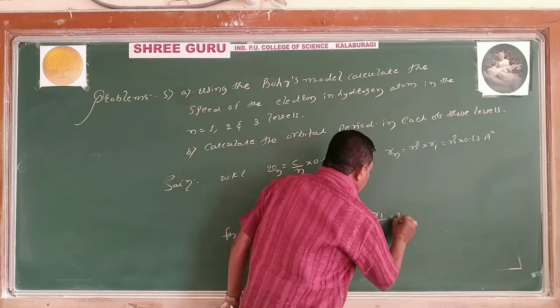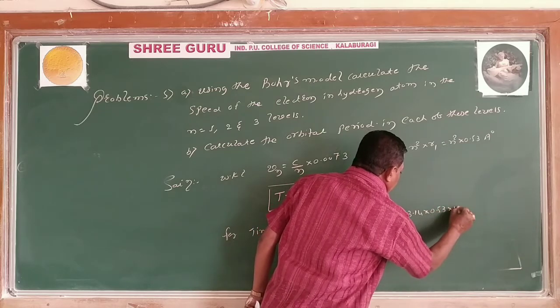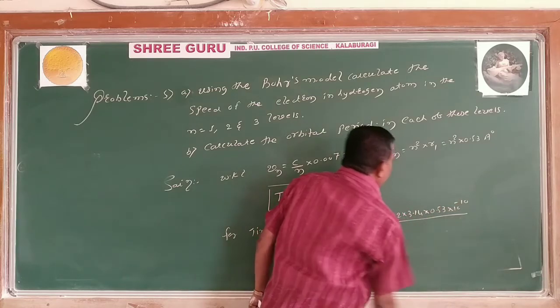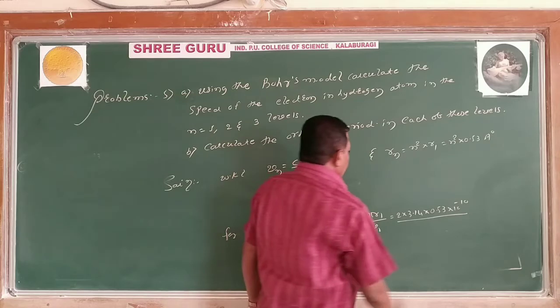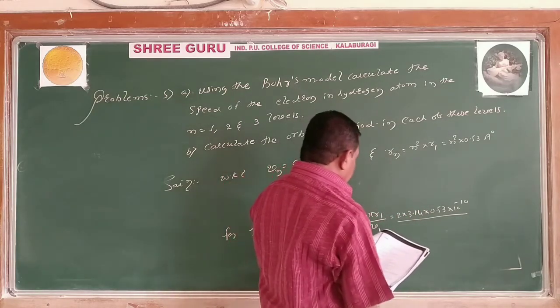So 2 into 3.14, R1 0.53 into 10 to the power of minus 10 divided by V1, for n equals to 1. What is the value of V1?